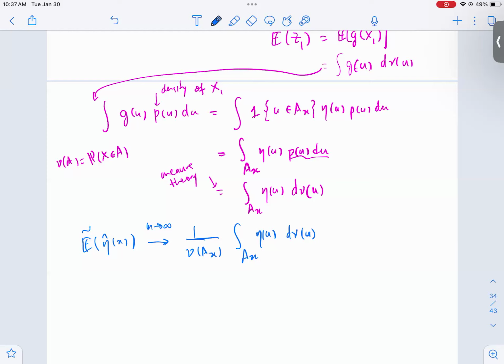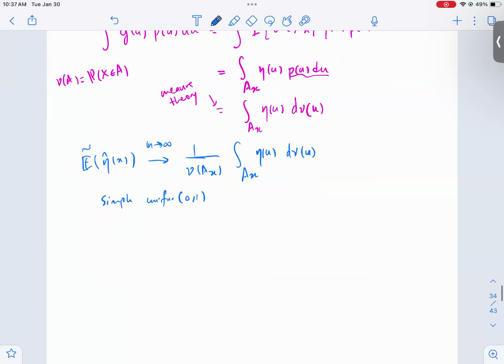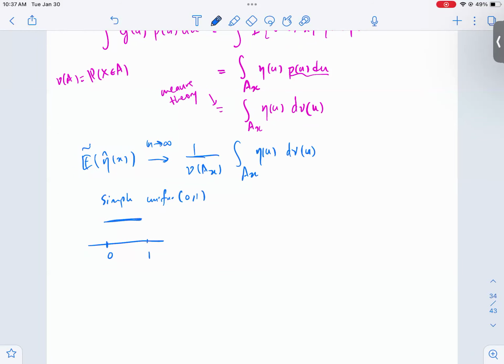So in the simple case that we have, uniform on [0,1], the density is 1. That's that distribution. So this I can just write as 1 over h, because A_x has length h, remember?